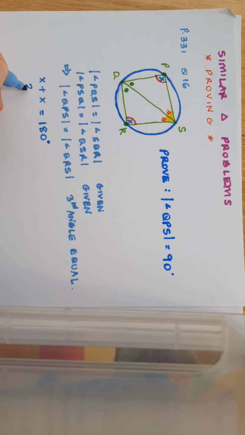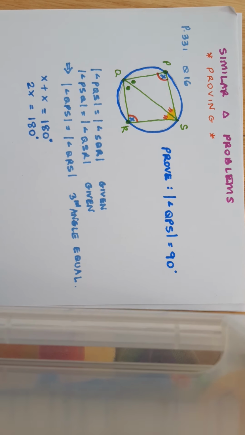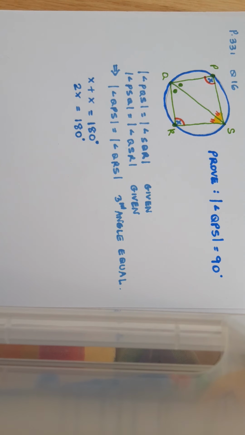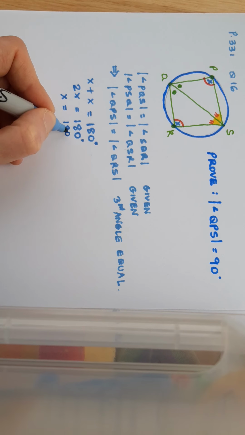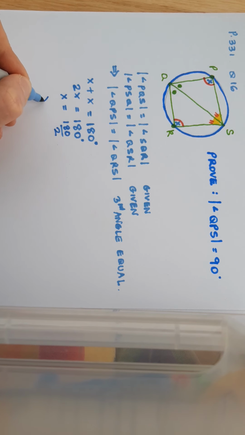So that means 2X equals 180 degrees. So from that, I can work out the value of X. X equals 180 over 2. That means X is 90 degrees.